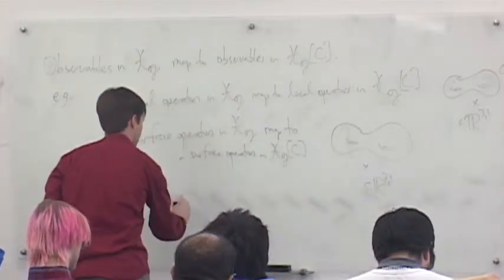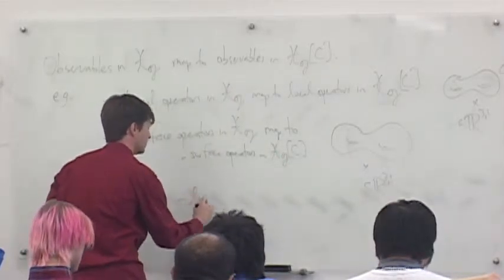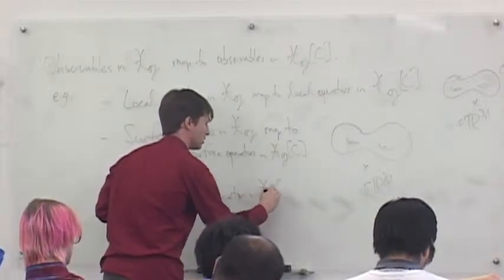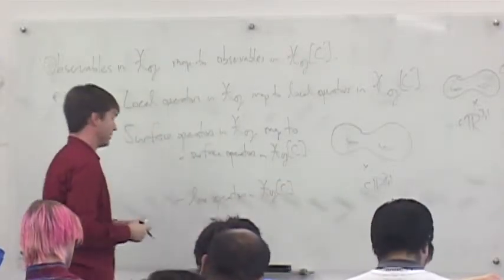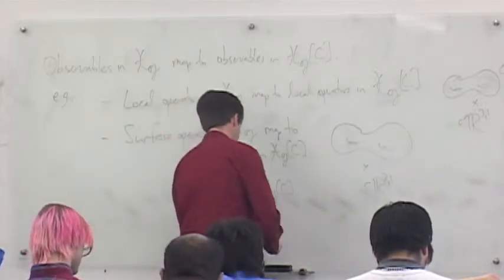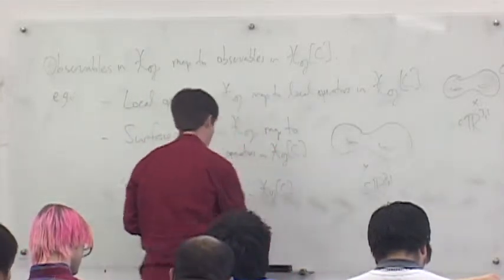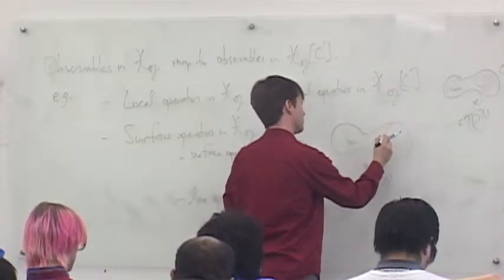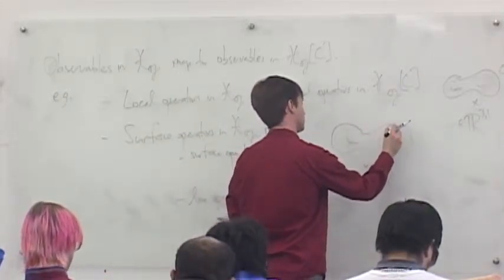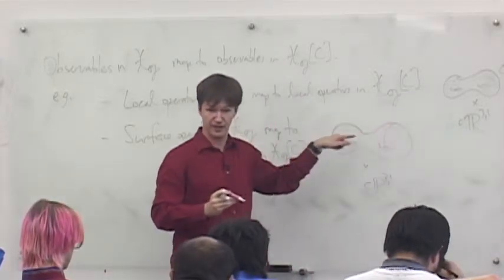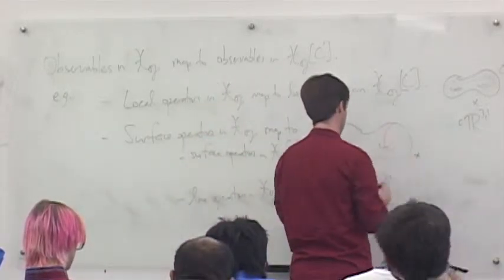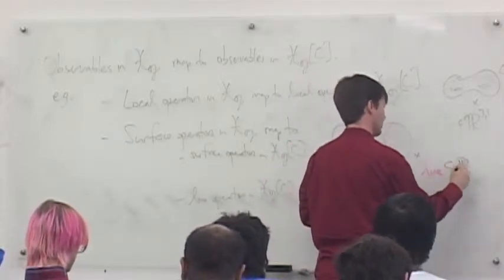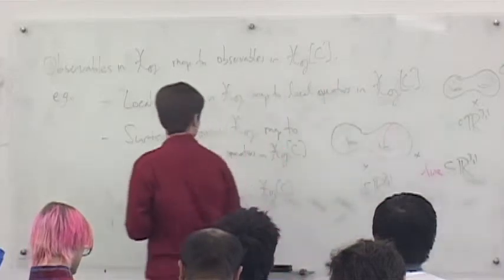Or we could also get line operators in X_G of C. How will I get a line operator? Well, to get a line operator, what I would do is take my surface and take one dimension of it to be wrapped around some loop in the internal curve, and then I could have a line in R^{3,1}.